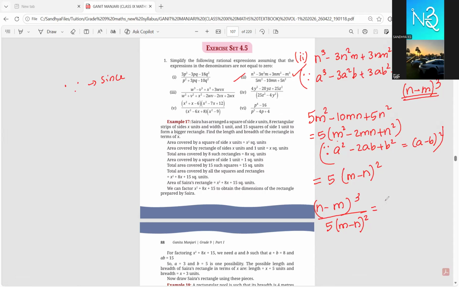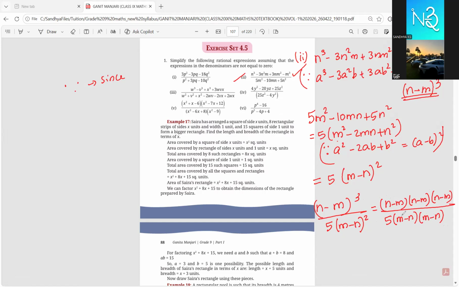So I will write n minus m whole cube as n minus m into n minus m into n minus m, divided by m minus n into m minus n. Correct? So n minus m and m minus n are the same numbers only.